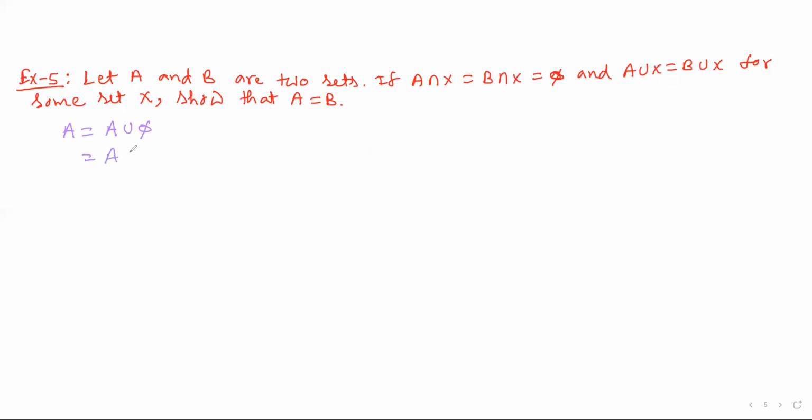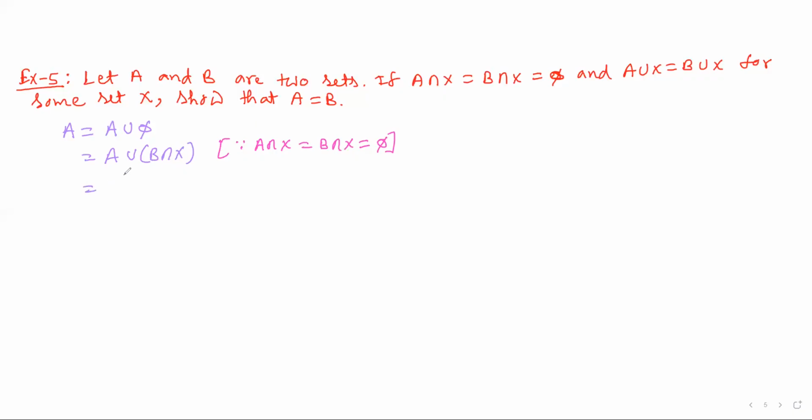So in the position of phi, we will take B intersection X. Within brackets, you will write the reason why you are taking it, because this is given: A intersection X union B intersection X is equal to phi. That's why at the position of phi, we have written B intersection X.